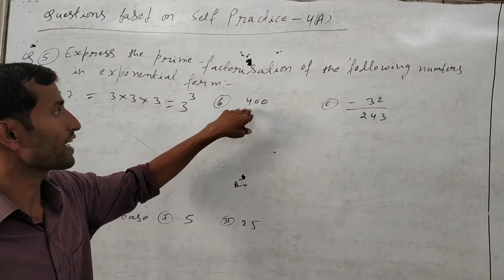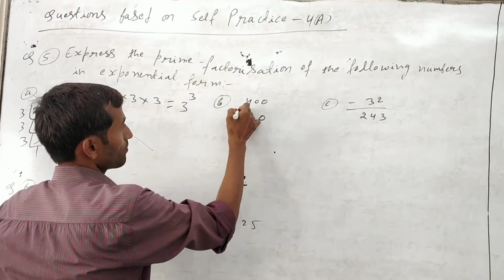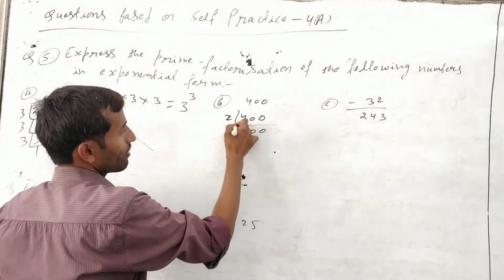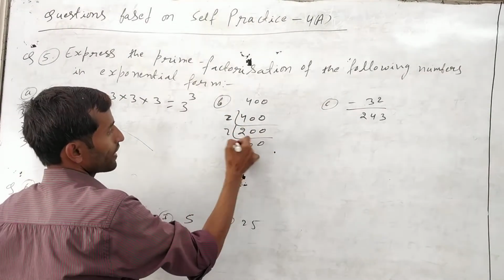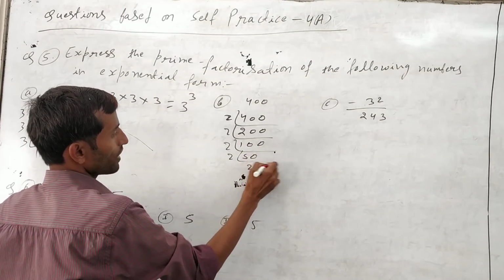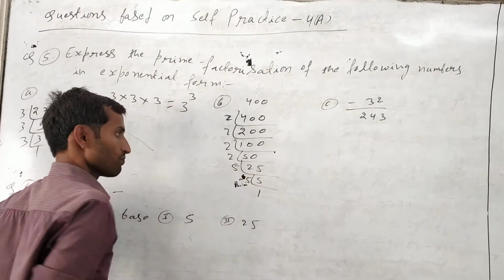Next, you have to factorize 400, prime factorization. First of all we factorize by 2. It will come 200, again divide by 2, it will come 100, again 2, it will come 50. Next divide by 2, it will come 25, then divide by 5, it will come 5, again divide by 5, it will come 1.